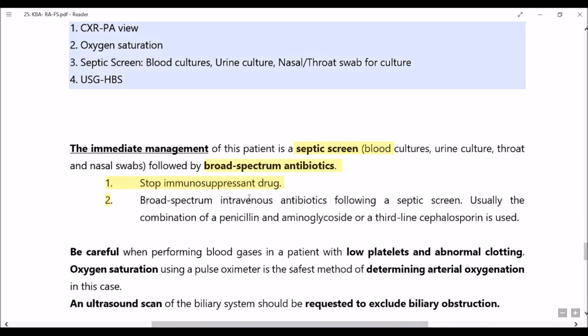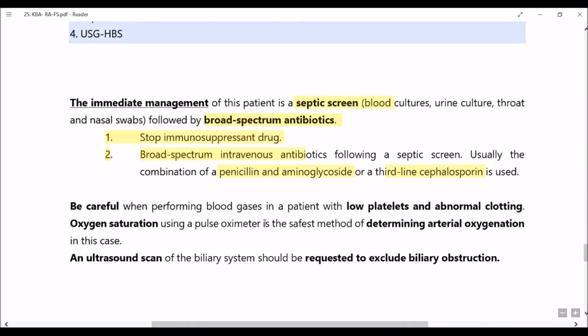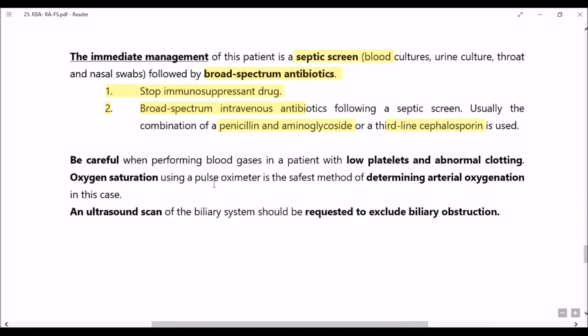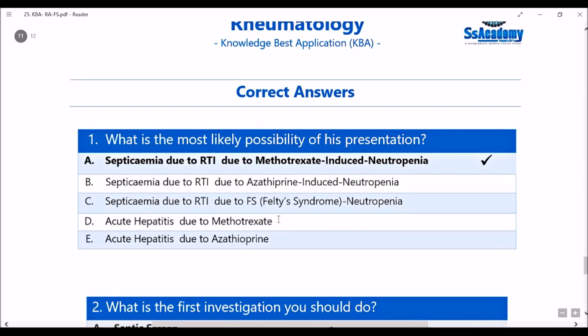After stopping the immunosuppressant drug, broad spectrum antibiotics should be started, usually a combination of penicillin and aminoglycosides, and a third-generation cephalosporin. Be careful when performing blood gases in patients with low platelets and abnormal clotting. Oxygen saturation should be measured with a pulse oximeter rather than arterial blood gas analysis. An ultrasound scan of the biliary system should be requested to exclude biliary obstruction.